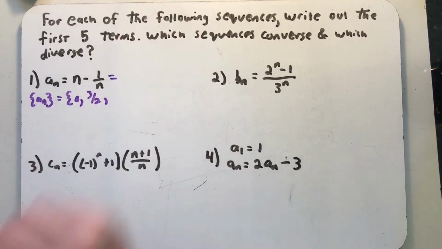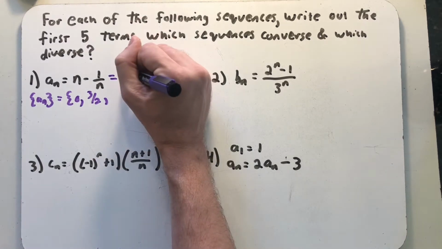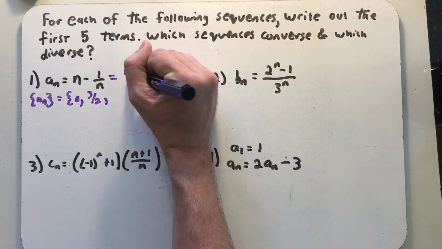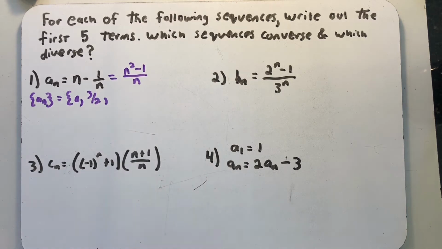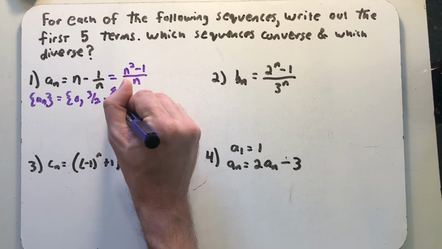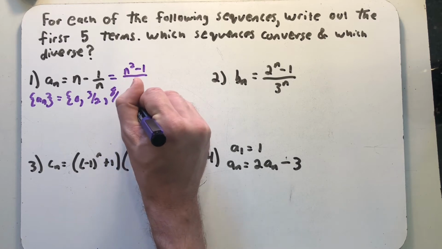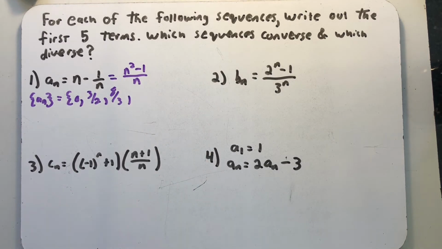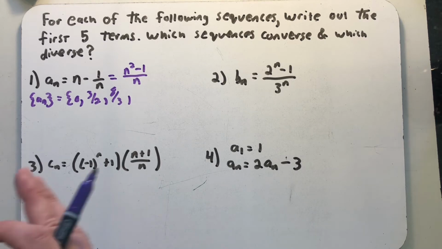And at this point, I realize that I actually think this one's easier to deal with if I find a common denominator and rewrite the nth term formula as n squared minus 1 over n, because now on top I have 9 minus 1, which is 8, and on the bottom I have 3. And it lets me have an easier time writing out the sequence, realizing the top is always 1 away from a perfect square, and the bottom is just where we are in the sequence.